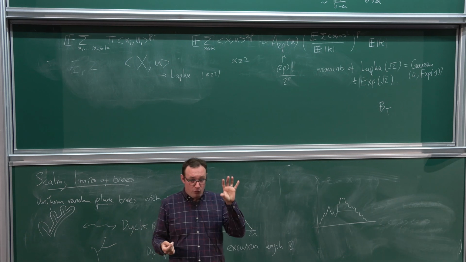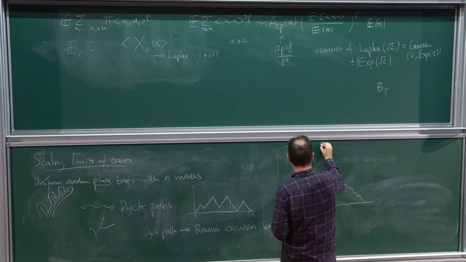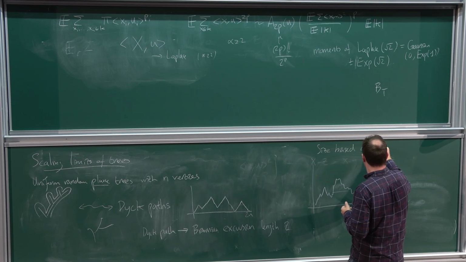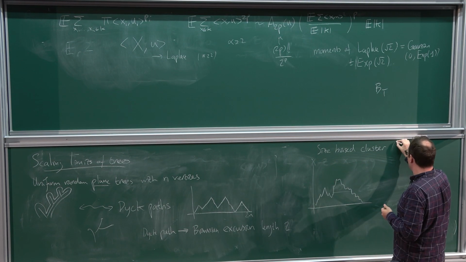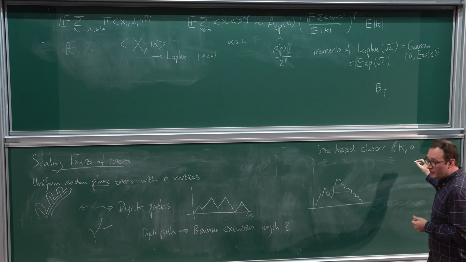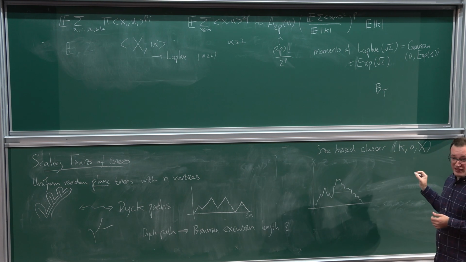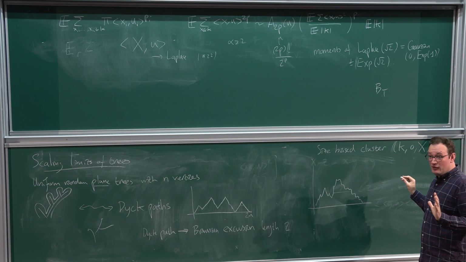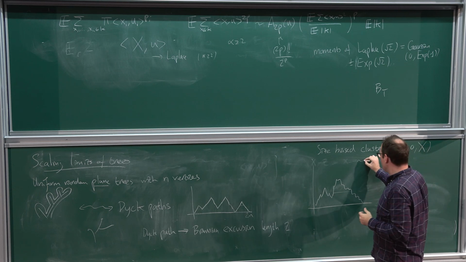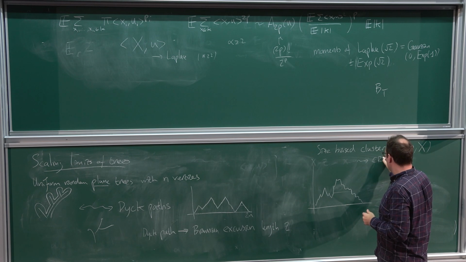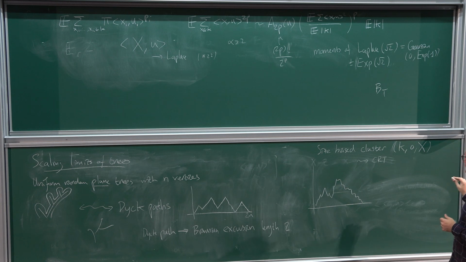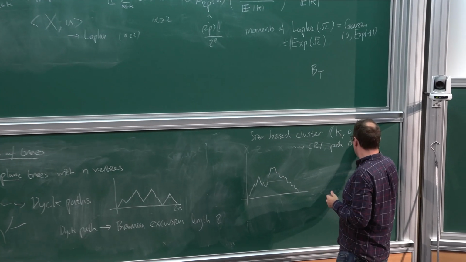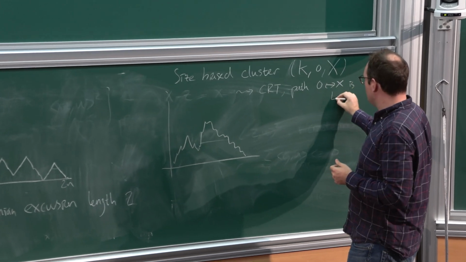It's saying that when you look at the size bias clusters, and you have the origin and again this uniform random point x, this is converging, not that this has been proven, but morally what this is saying is that this is converging to this continuum random tree, and the path from the origin to x is an x1.